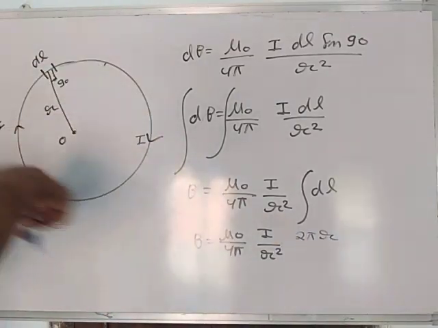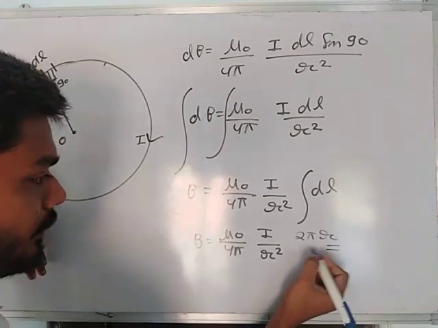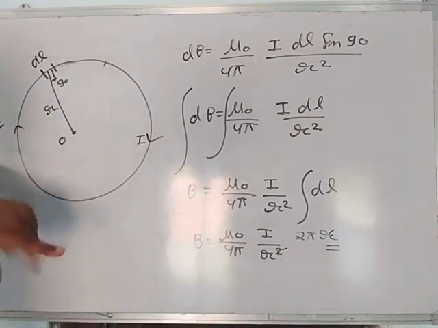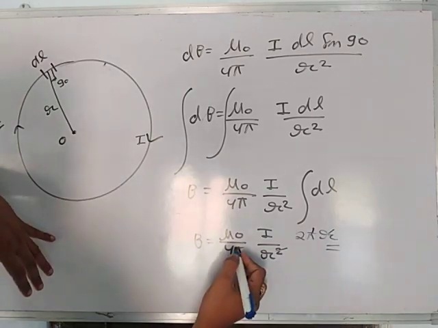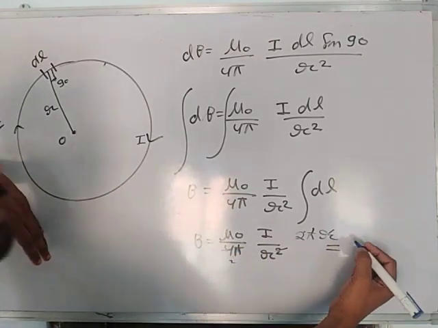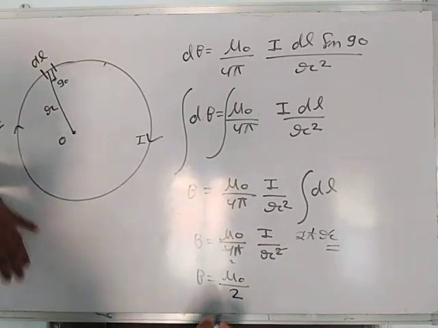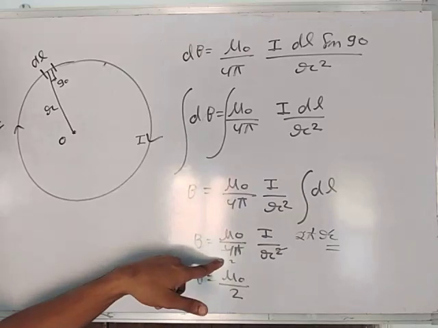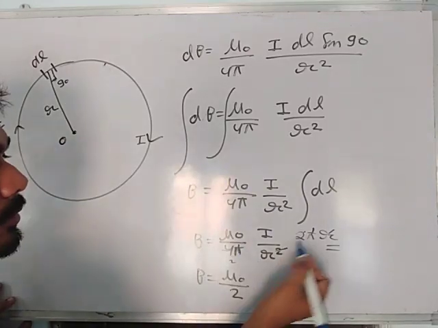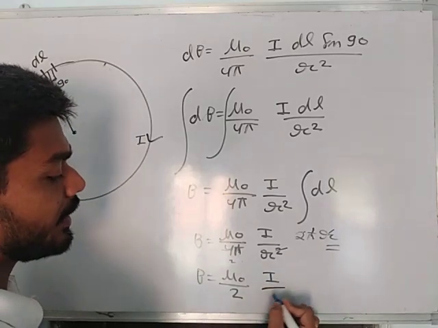The length of a circle is 2 pi r. One r cancels out, and pi cancels. 2 into 2 is 4, so the answer will be B is equal to mu naught by 2, I by r.